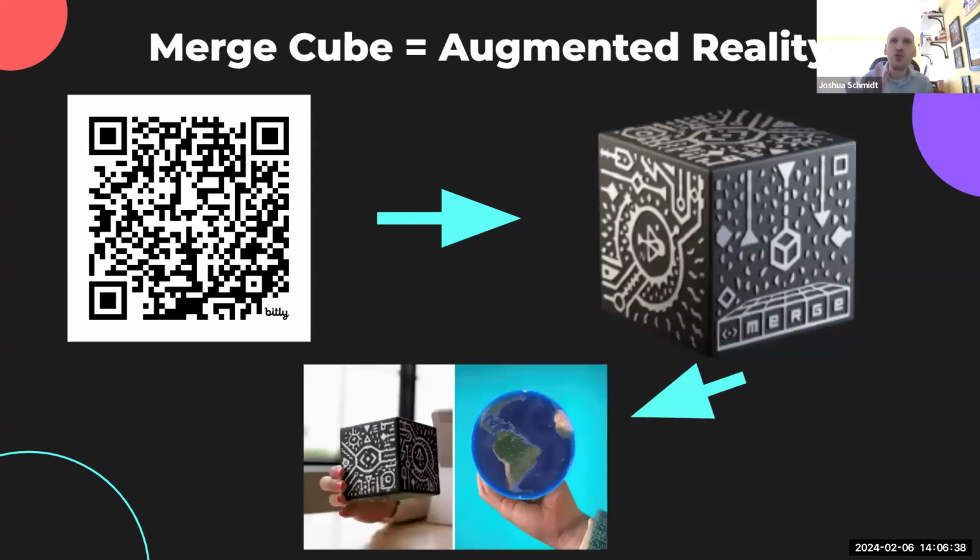And what that helps you do is it's kind of like a picture that as it moves, it creates it to be three-dimensional. Personally, my favorite thing to do with the Merge Cube is to hold stuff in my hand. But what I've discovered is that many times the apps that come with Merge Cube are more exciting to use when you're putting them on your desk or your floor or in the room around you rather than purely hold.